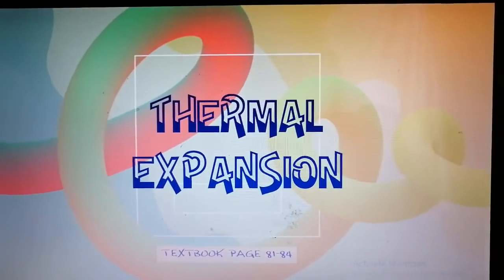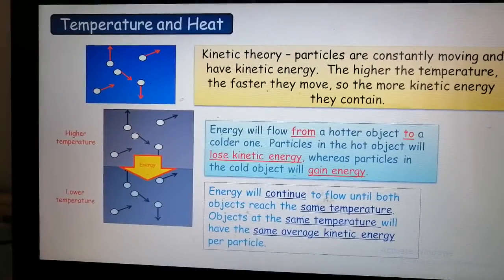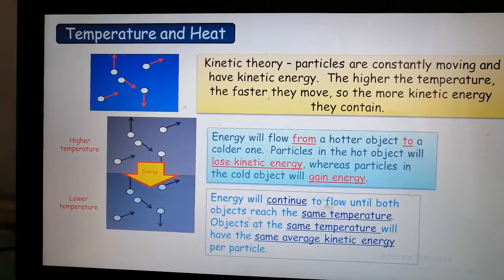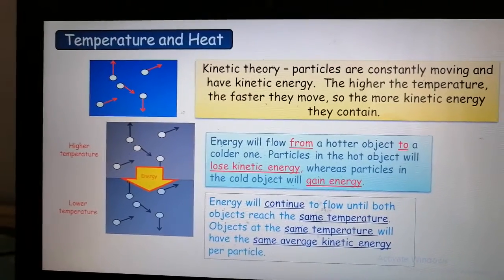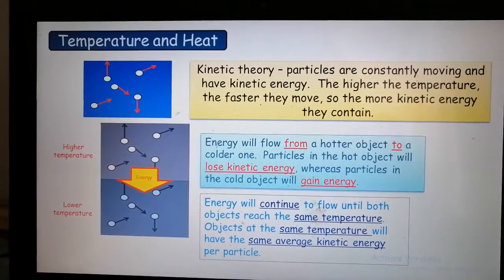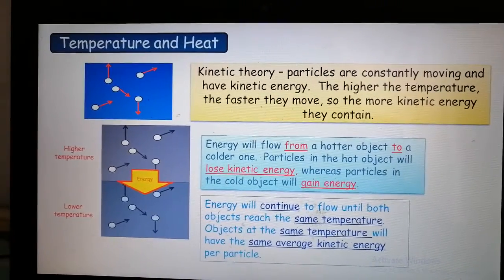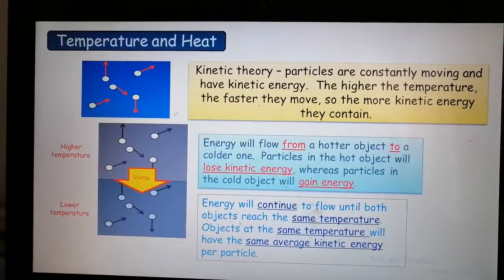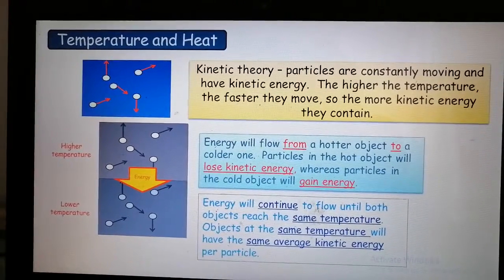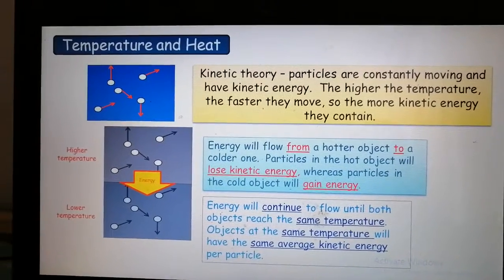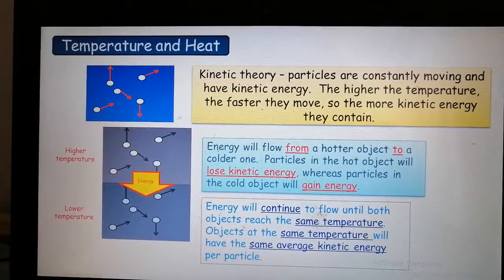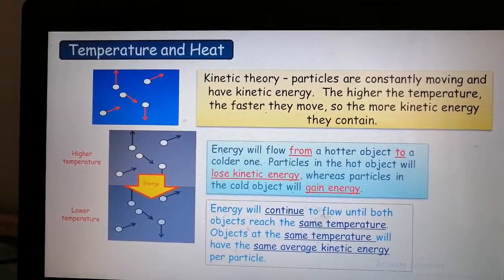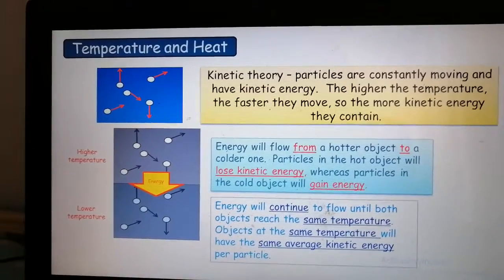Okay, let's start. This slide is just an introduction. Before this we already learned about the kinetic theory. Remember, right? Particles are constantly moving and have kinetic energy. The higher the temperature, the faster they move, so the more kinetic energy they contain. You already learned about solid, liquid, and gas, and all the particles in solid, liquid, and gas are moving.